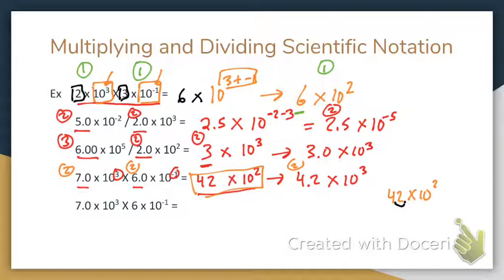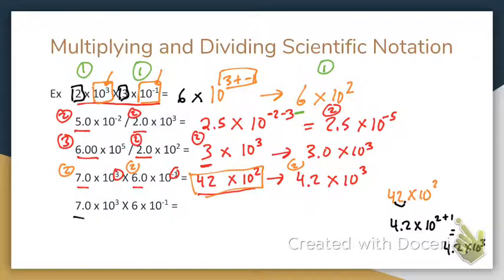So essentially what I'm doing is taking a bigger number and making it smaller, right? And so if I take a bigger number and make it smaller, I have to balance it out by making the exponent bigger. And so I'm going to add 1. So that'll give me 4.2 times 10 to the third. Okay? All right.